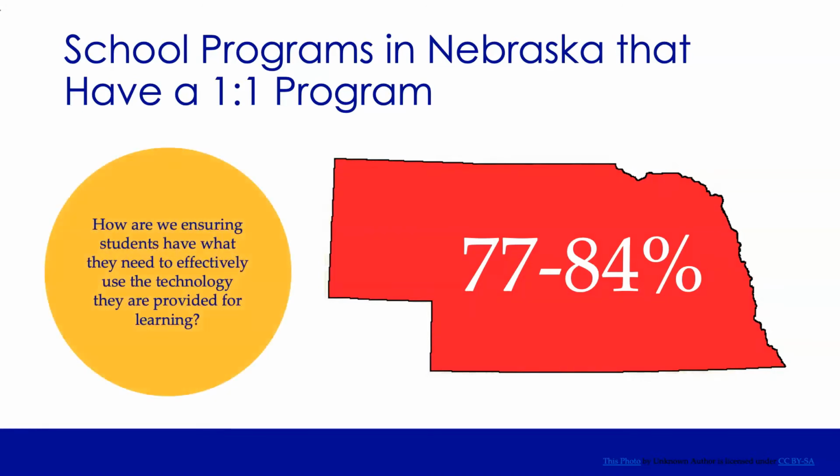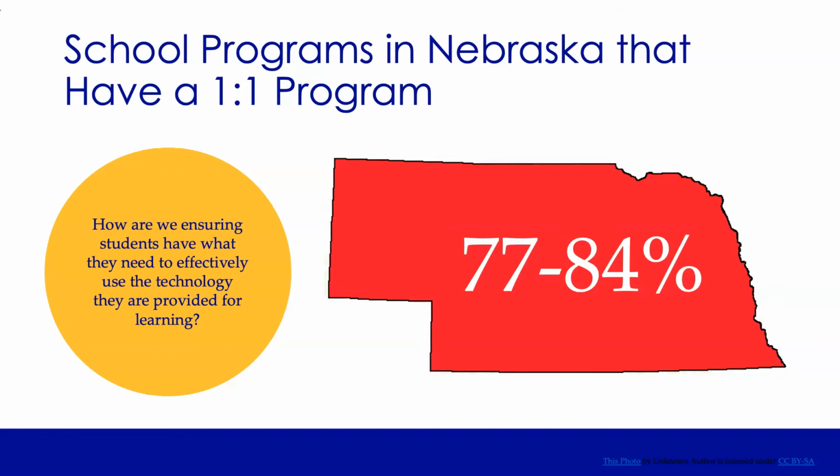The question that we have to ask ourselves is, how are we ensuring students have what they need in order to effectively use the technology they are provided as part of that learning process? In other words, are we deploying and making available and teaching students how to use universal technology supports?